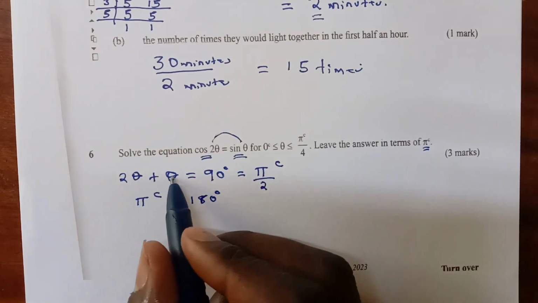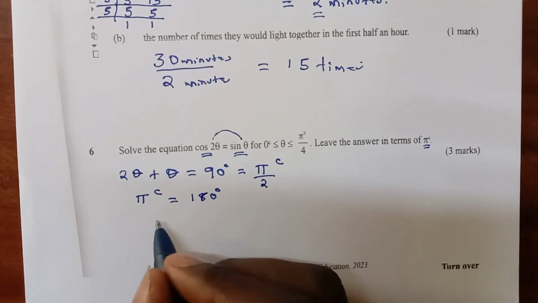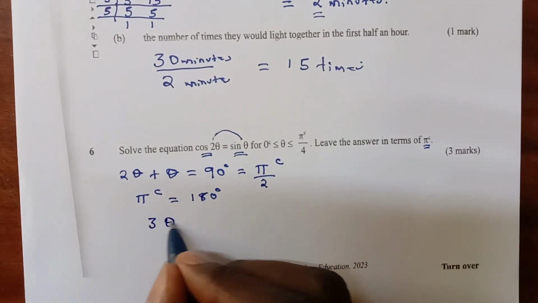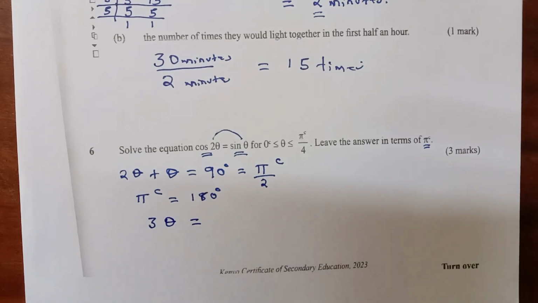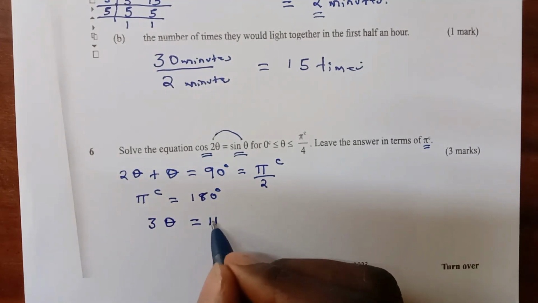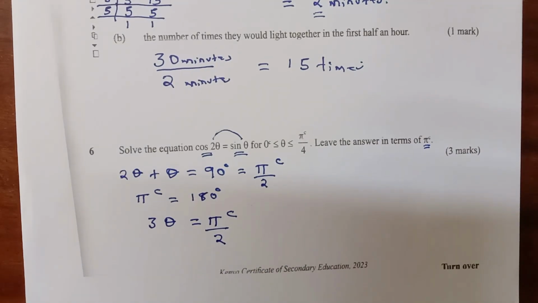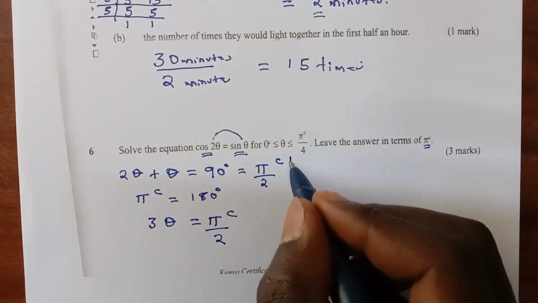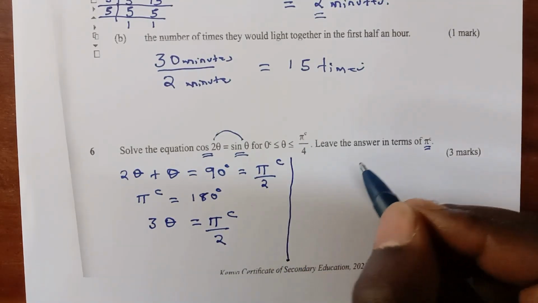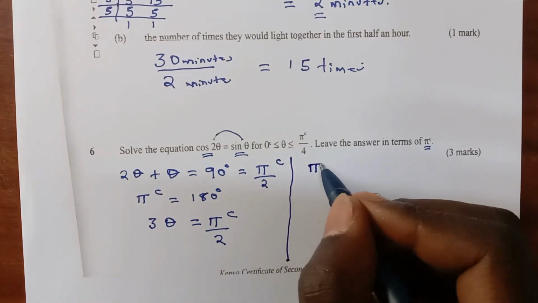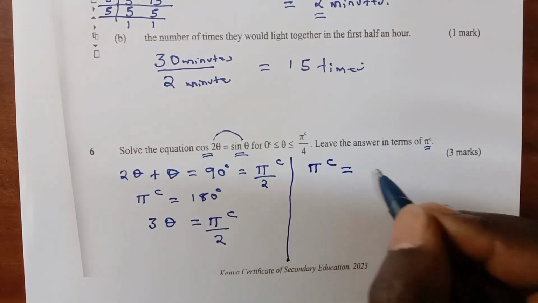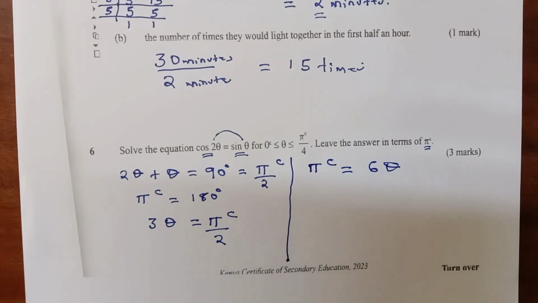So when you add these two, you end up with 3 theta equals pi radians over 2. Now you can multiply 2 on both sides, and you end up with pi radians equals 6 theta.